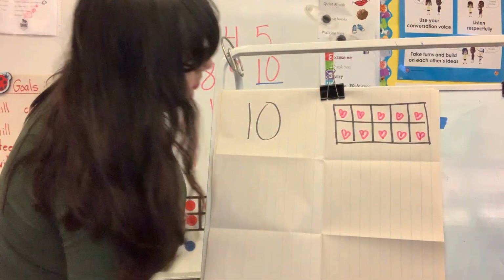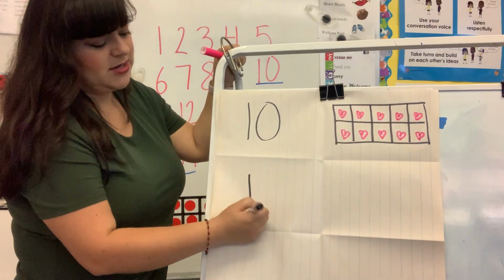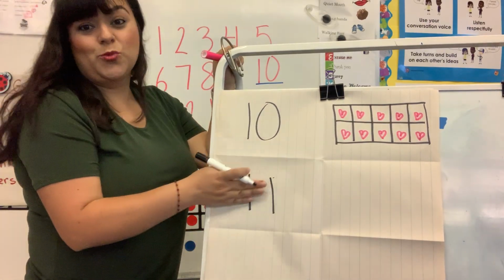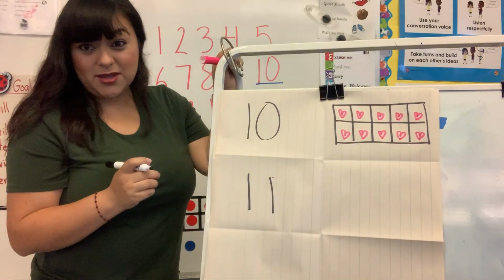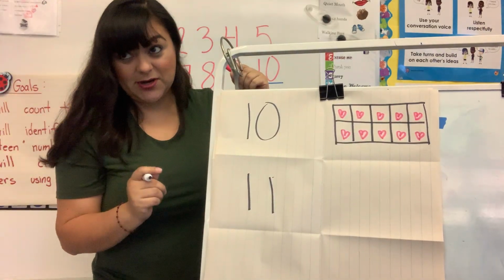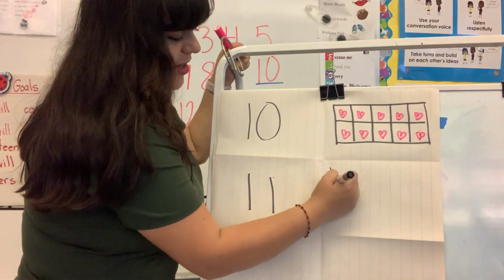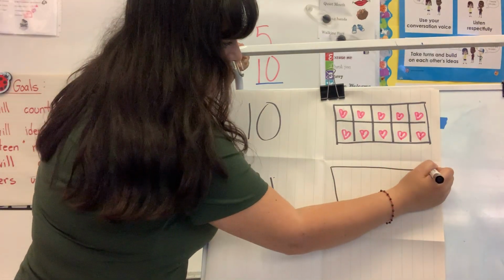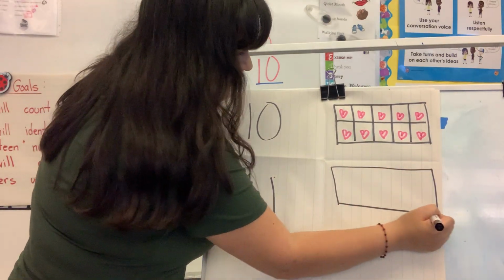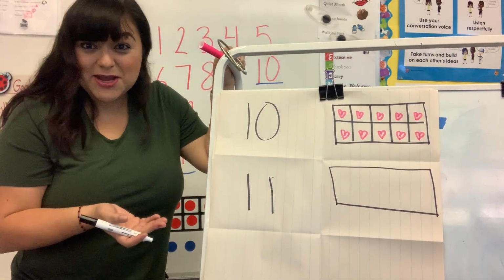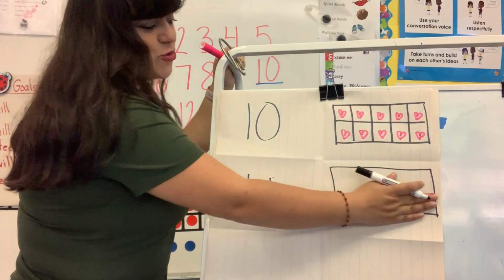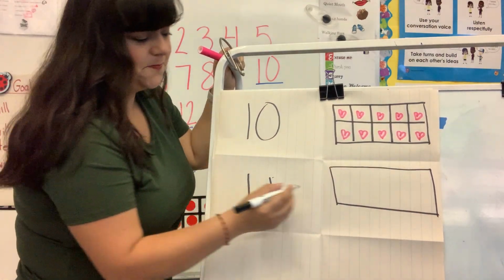Okay, I will do number 11 next. You write the numeral on one side, and on the other side, you draw the visual using a 10 frame. So let's do it again. You do a rectangle. And it doesn't have to be perfectly straight. Remember, we all make mistakes. So I'm trying my best. Here's a rectangle.